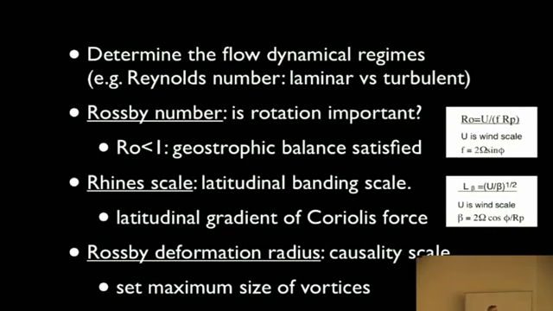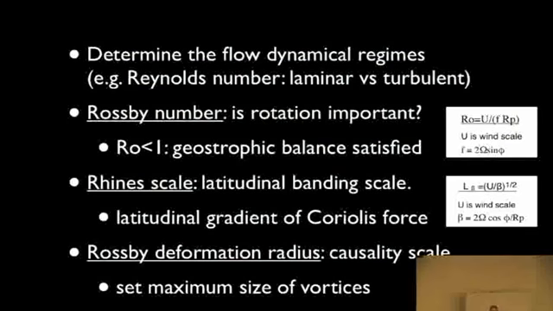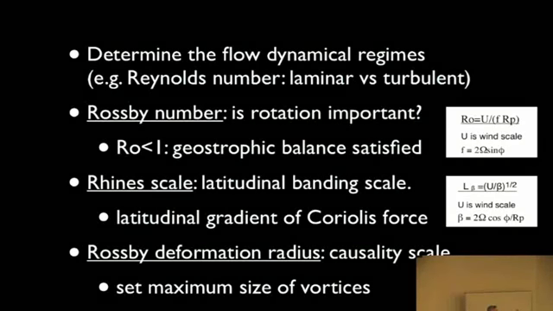I partially agree with that. I think you're right about the forcing being large scale on a hot Jupiter and that being an important factor affecting their dynamics. My personal view on the Rhines scale is that, in fact, the Rhines scale or the Rossby deformation radius do not have to be associated with baroclinic instability.